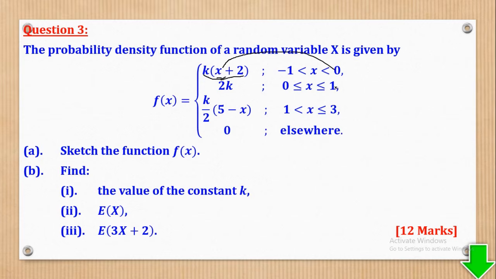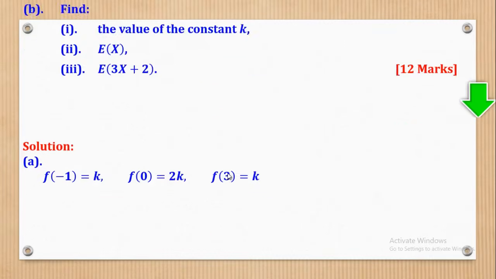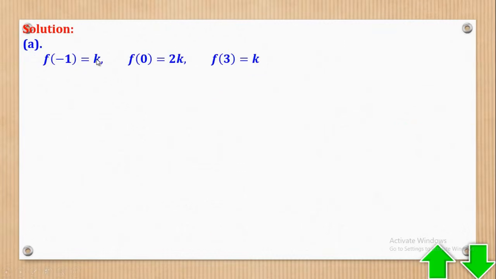Then for 1, this one shows that it's a constant, therefore f(1) is equal to f(0). Then for 3, come and put 3 here, it becomes 5 minus 3 to give you 2. Then 2 times k over 2 gives you k. So that explains why you see these values here, that f(-1) is k, f(0) is 2k, and f(3) is k.